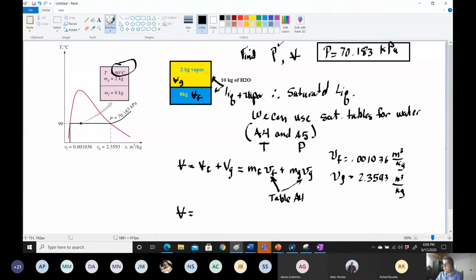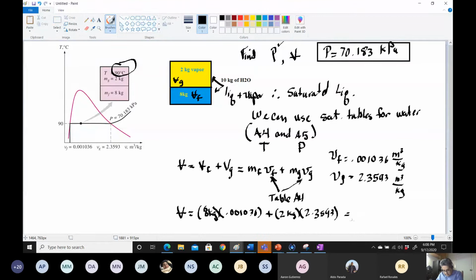So the total volume is equal to mf, which is the mass of the liquid, 8 kilograms, times vf, which we just wrote down, 0.001036, plus the mass of the vapor, which is 2 kilograms, times vg, 2.3593.